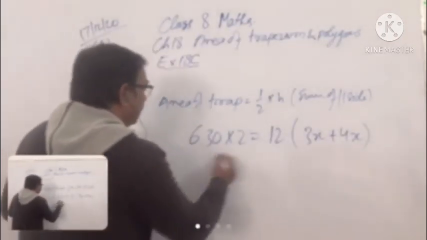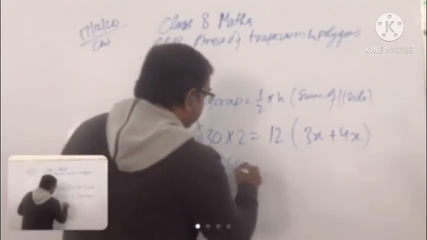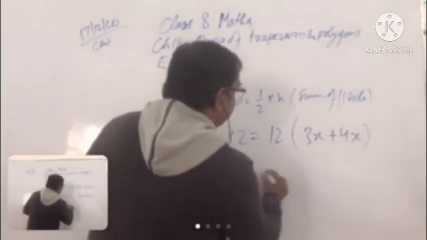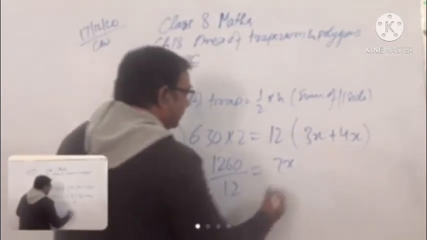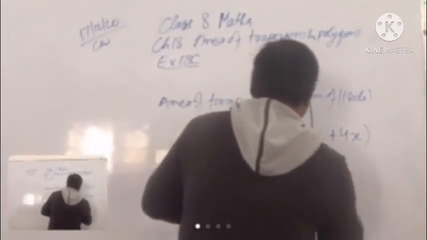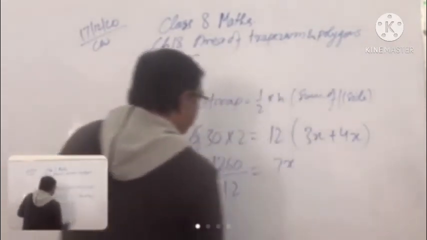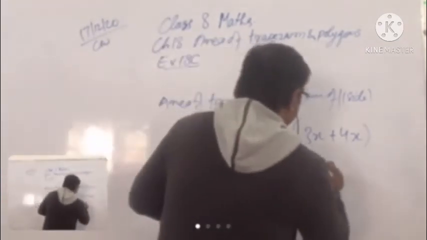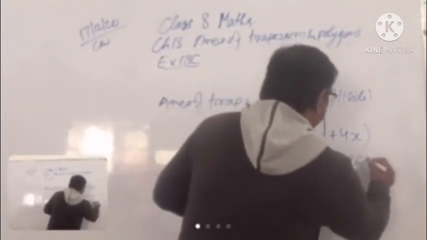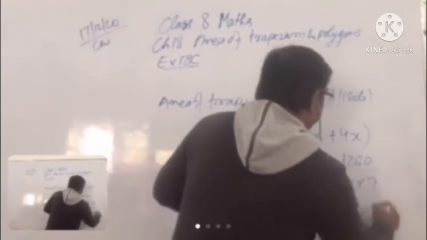Okay. Now this is 1260 divided by 12 is equal to 7x. This implies x is equal to 1260 upon 12 into 7.